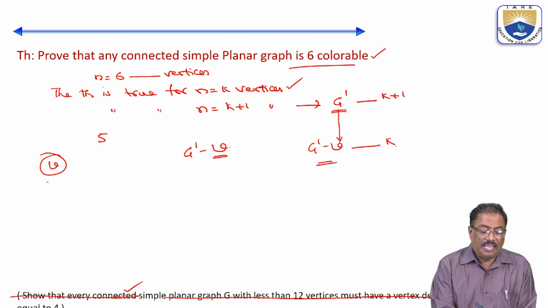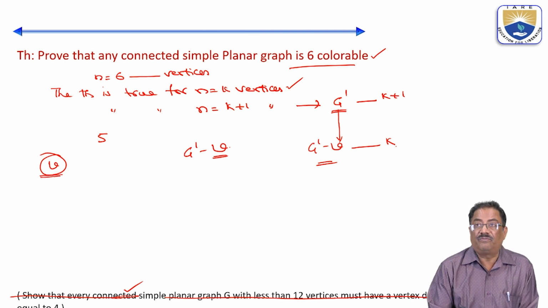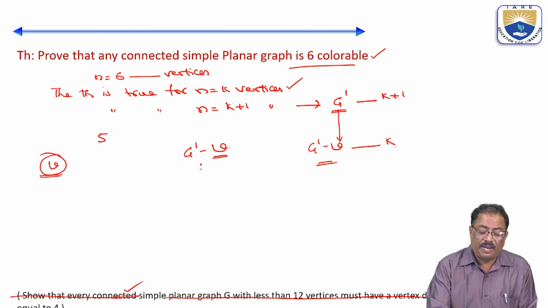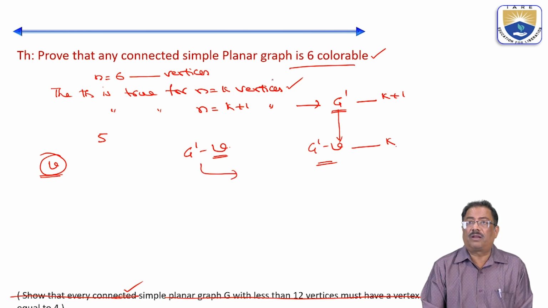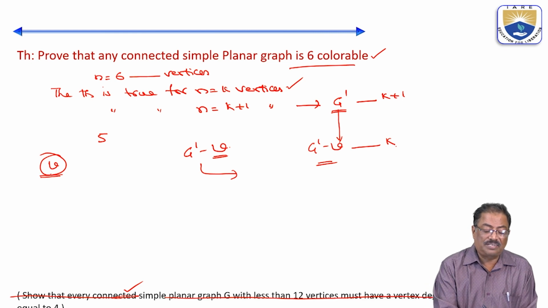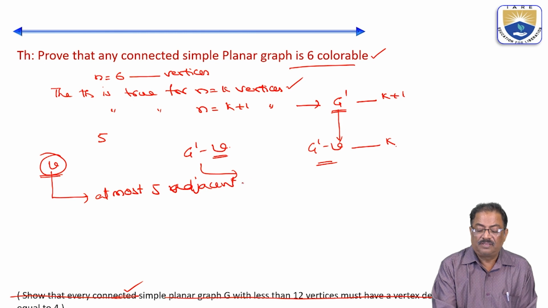So that means if I am going to remove this V, G minus V is properly colored because it is having k number of vertices, and the removed vertex V has at most 5 adjacent vertices.